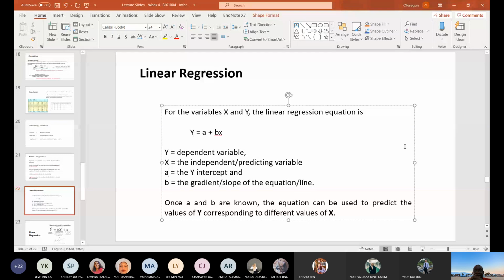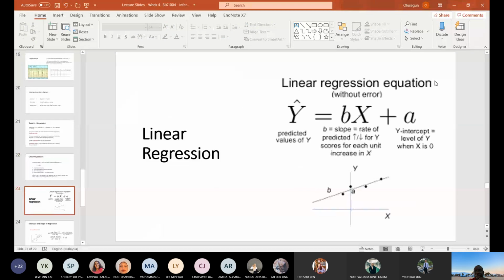And the b we call gradient is the slope of the equation, which is a kind of coefficient of x on y. So this is what the linear regression equation looks like when there's no error attached.